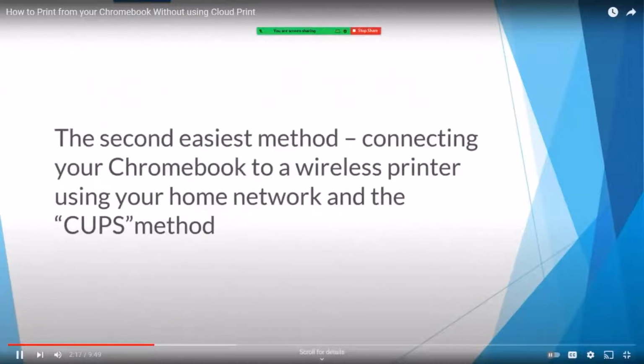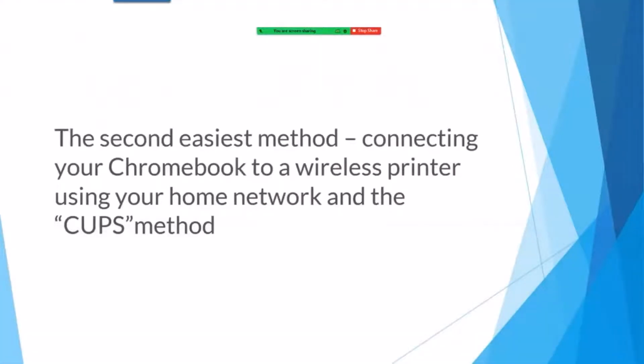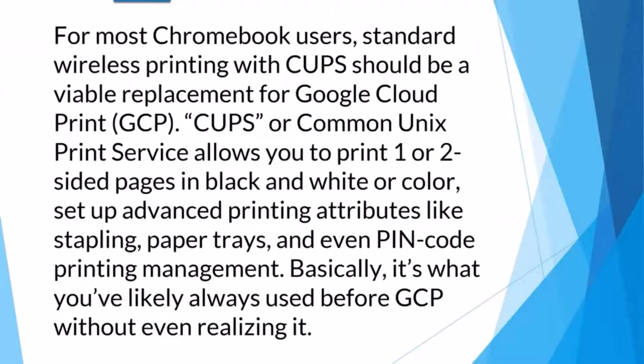The second easiest method is connecting your Chromebook to a wireless printer using your home network, and the CUPS method. For most Chromebook users, standard wireless printing with CUPS should be a viable replacement for Google Cloud Print.